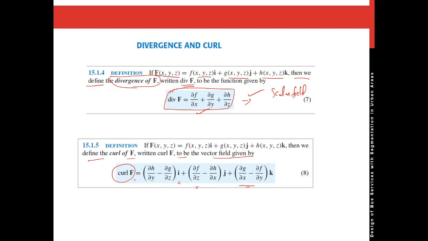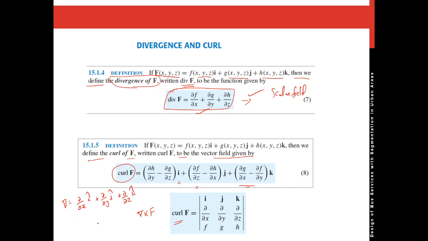So there is an easy formula for finding this. Curl F is actually del cross F. The del operator is defined as ∂/∂x i + ∂/∂y j + ∂/∂z k. If we take the determinant of this, we will get the formula. Okay. So it is very easy to find curl and divergence of a vector field.